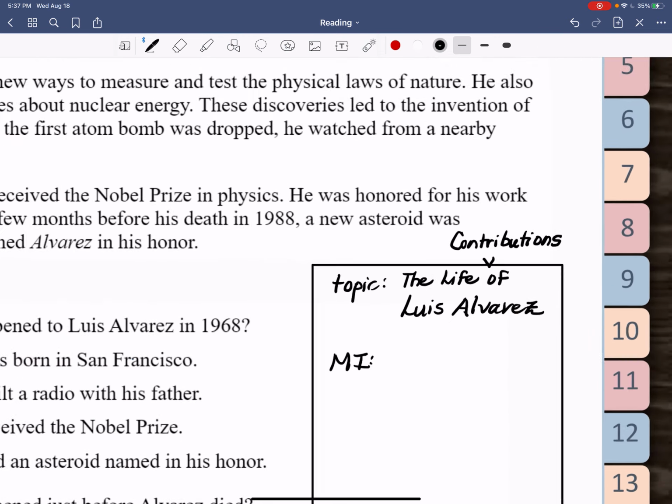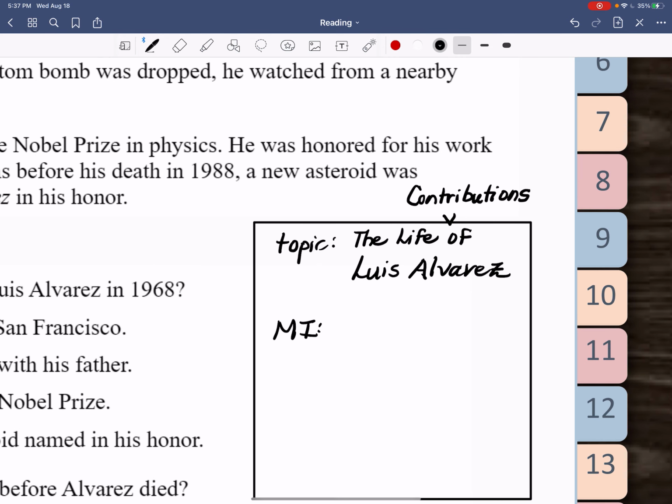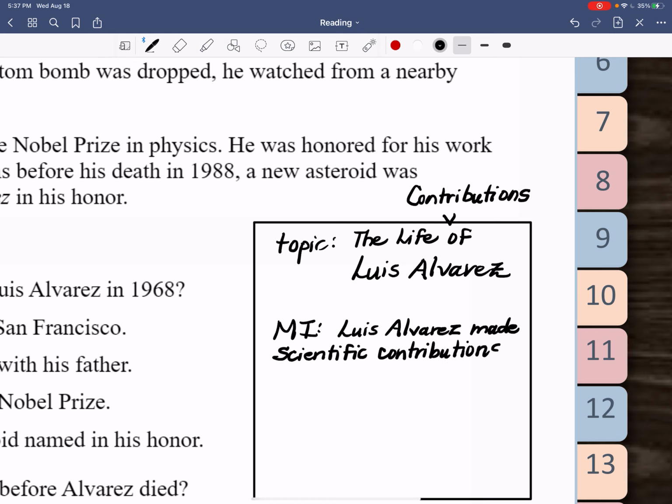And so my main idea will be something like Luis Alvarez made scientific contributions that changed the world.